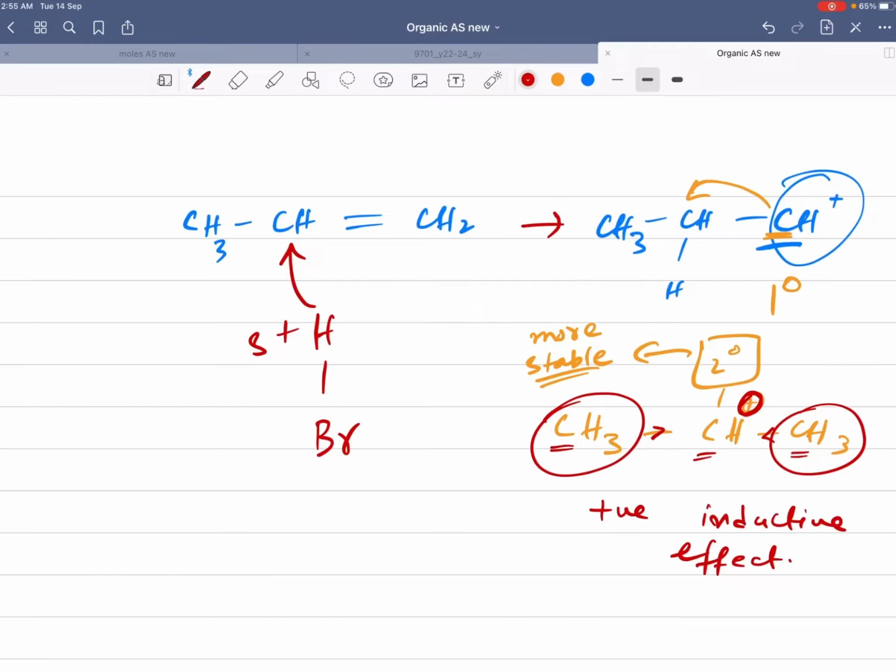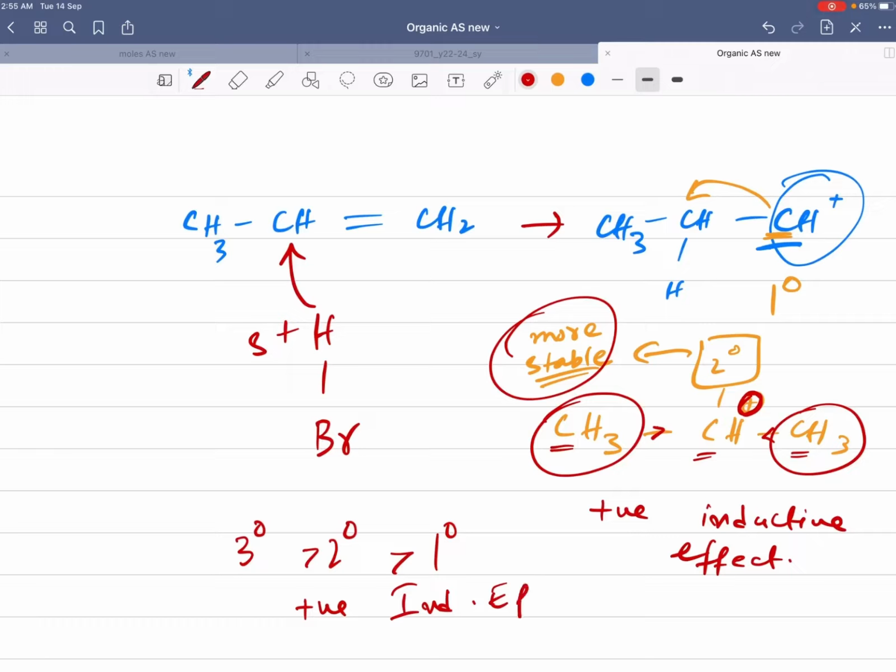Before it makes another bond, it has to make one more bond, right? It cannot survive with just 3 bonds, so it has to make one more bond. But before making that one bond, how easily that carbocation forms depends on the stability of carbocation. And a tertiary carbocation is more stable than secondary, which is more stable than a primary carbocation. And the reason is positive inductive effect.